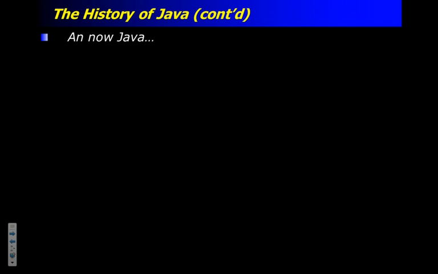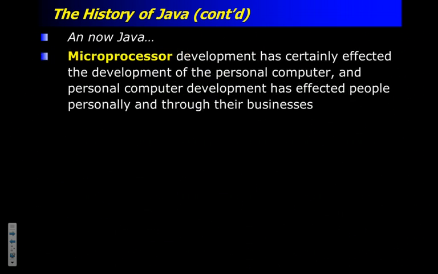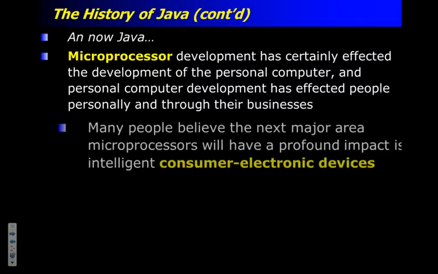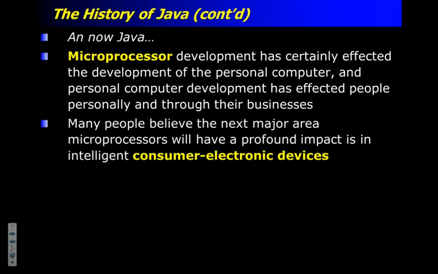Okay, back to the history lesson. So microprocessors, the hardware, started developing through the 1980s and the early 1990s. And what they believed was that in the early 90s, this development in hardware would result in a lot of computer electronic devices for consumers that were really, really revolutionary. They had, in the early 90s, this thought that they could build computer technology into almost anything.